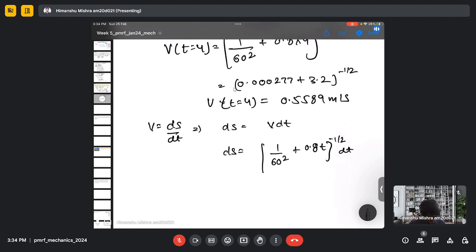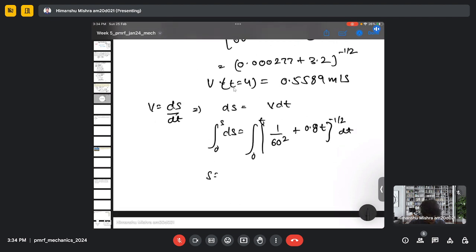And we need to integrate this from 0 to s and from 0 to t. So we will have s equals, and when we integrate this we will have 2 by 0.8 times 1 by 6 square plus 0.8 t to the power 1 by 2.